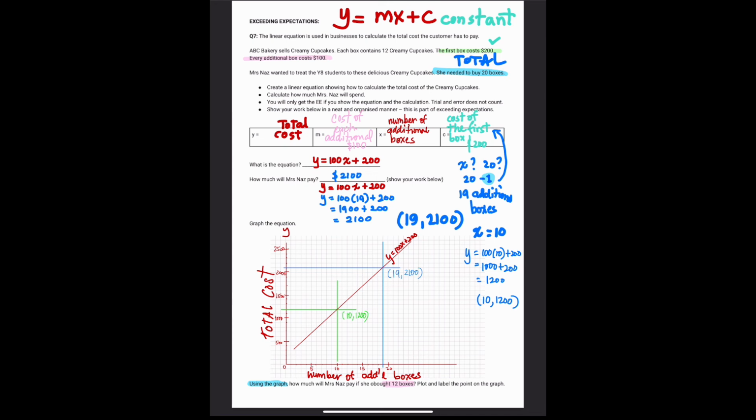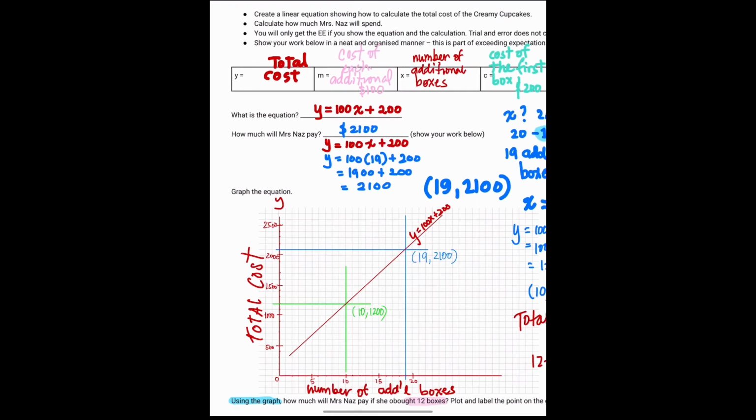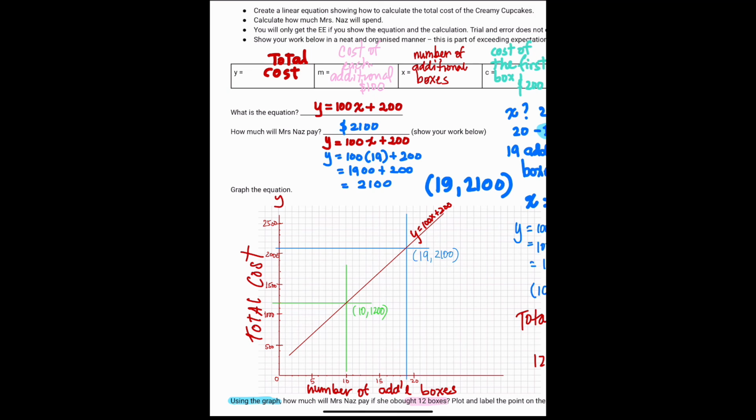So if Mrs. Nash bought a total of 12 boxes, how many additional boxes did she buy? That would be 12 minus 1, and that would be 11 additional boxes. So how do we know how much she spent? We need to look for 11, and then you raise the line there and find where it lands.